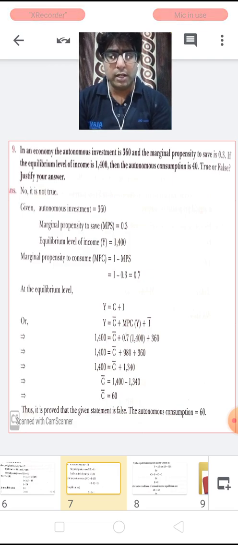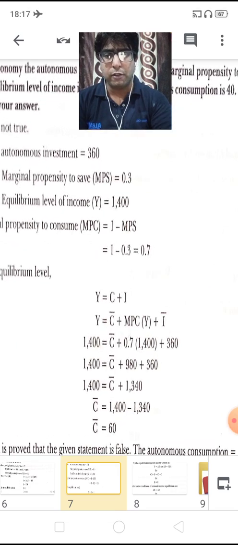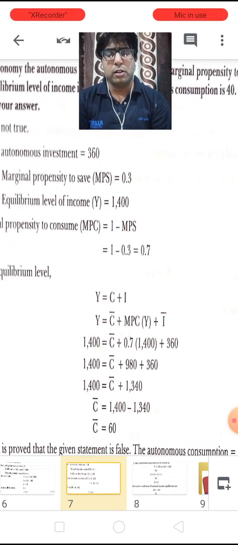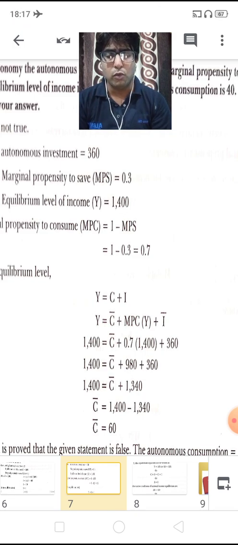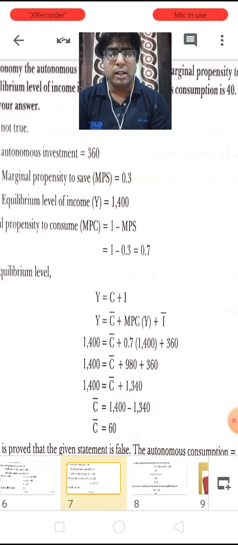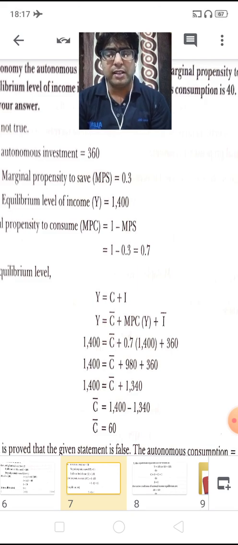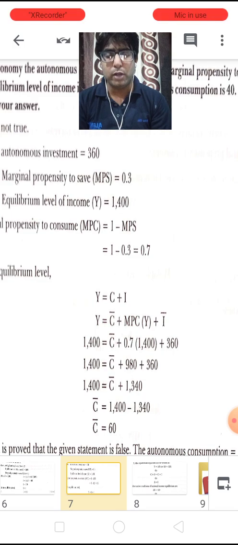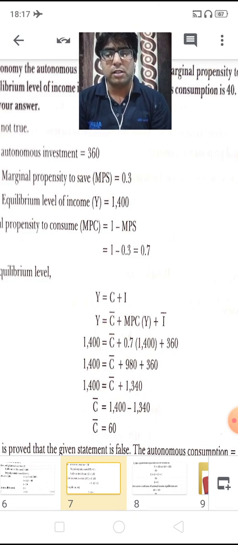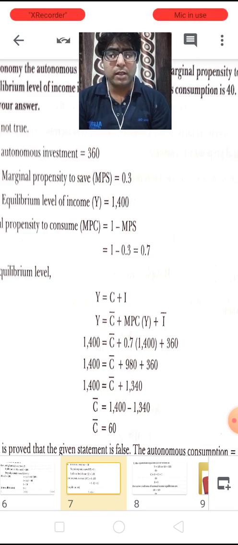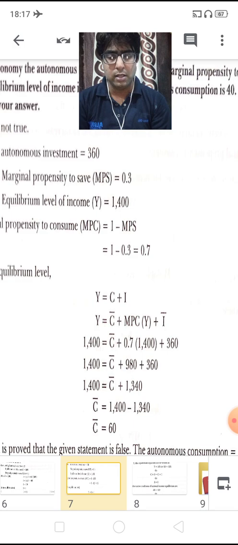So 1400 is the value of income here, 1400 equals autonomous consumption plus 0.7 under bracket Y, which is 1400, and the investment is 360. So children, when we simplify this equation, putting the value of Y as 1400 and the autonomous consumption to be found out, the MPC part is 980, whereas investment is 360.